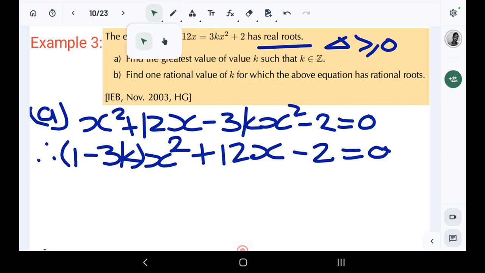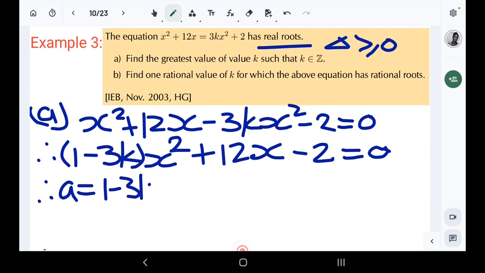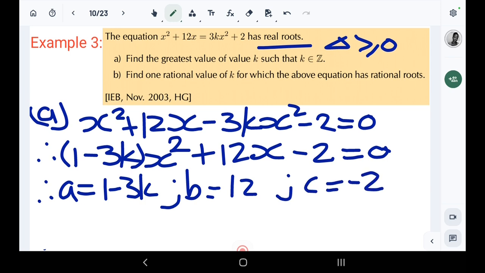Now that our equation is in standard format, ax squared plus bx plus c, we can figure out what our a is. Our a is 1 minus 3k, our b is equal to 12, and our c is a constant, which is negative 2.